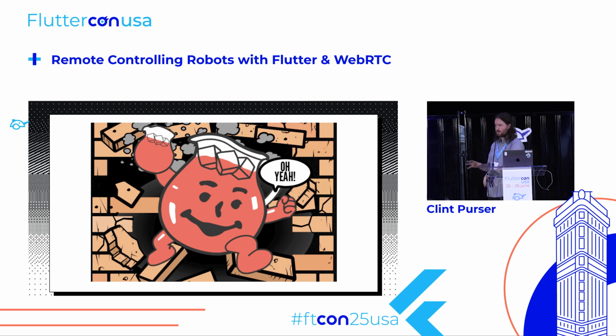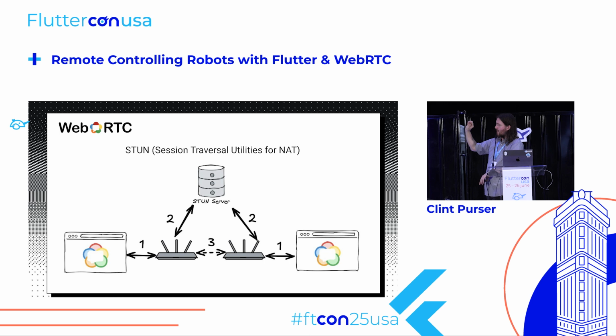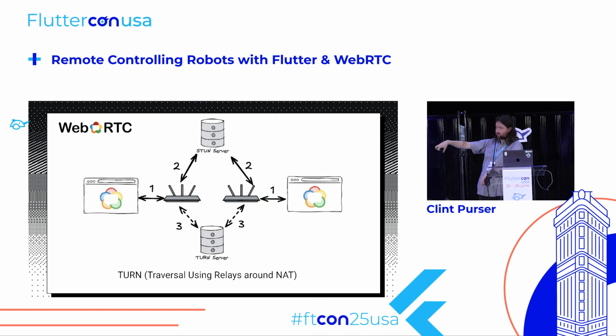So how does WebRTC accomplish this? It does it by using STUN servers. Essentially, when you ping a STUN server, it gives you back your NAT, the mapping of what your network looks like, so you can establish that. If for some reason the STUN server doesn't work, you then use a TURN server, which acts sort of as a relay. So this is a fallback.